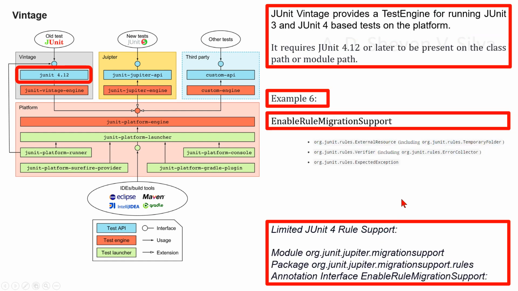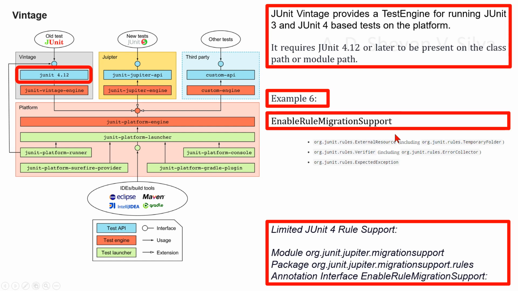Now we are considering JUnit 4 rule support. This limited form of rule support can be switched on by the class-level annotation @EnableRuleMigrationSupport. The annotation is in package org.junit.jupiter.migrationsupport.rules in module junit-jupiter-migrationsupport.